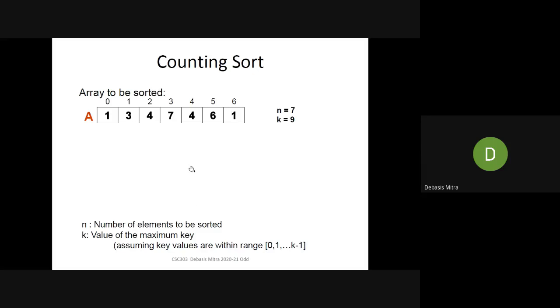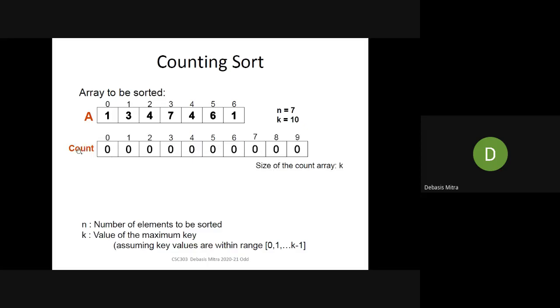Now, what is the philosophy? The philosophy is that we will keep an array count whose size will be exactly k. Each position of this count array represents the possible range. Suppose my range is 5 to 15, then the 0th index would represent 5 and the last may be 14.